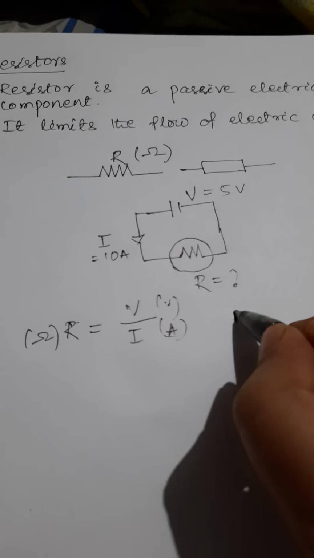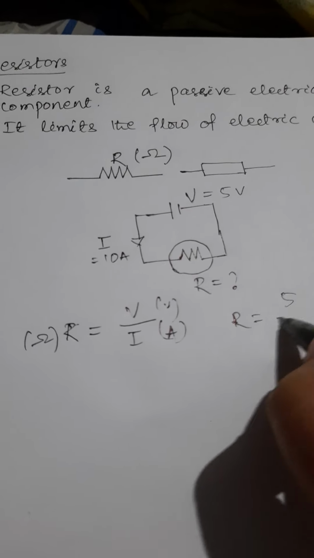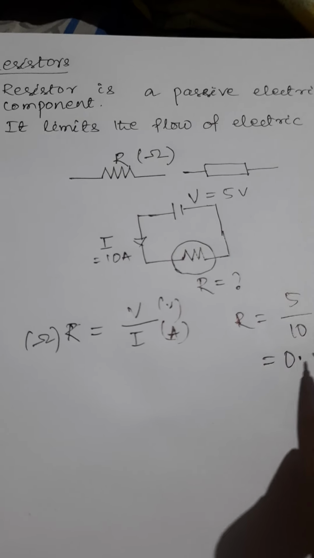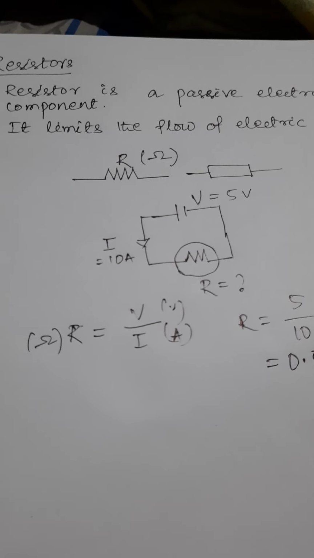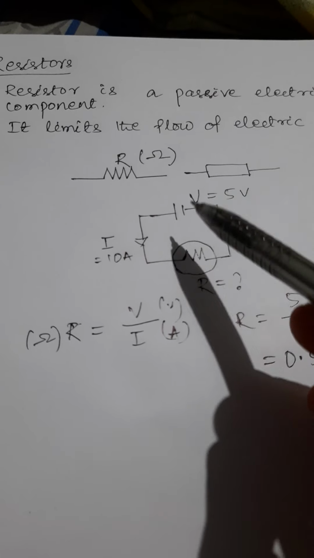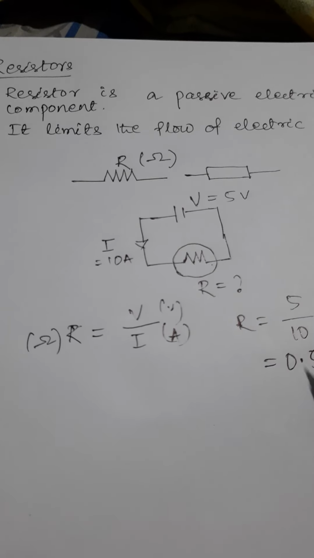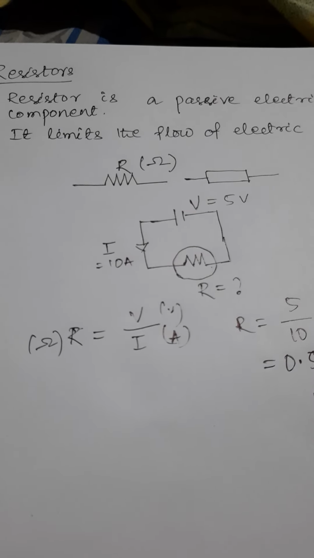So our resistor value is 5 by 10, we get 0.5 ohm. That means in this circuit this resistor value should be 0.5 ohm.